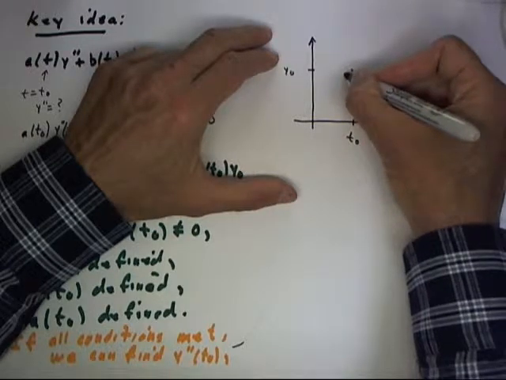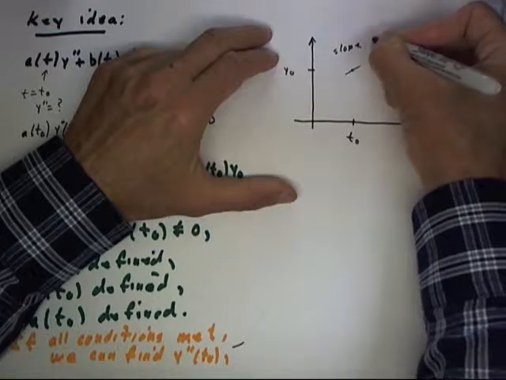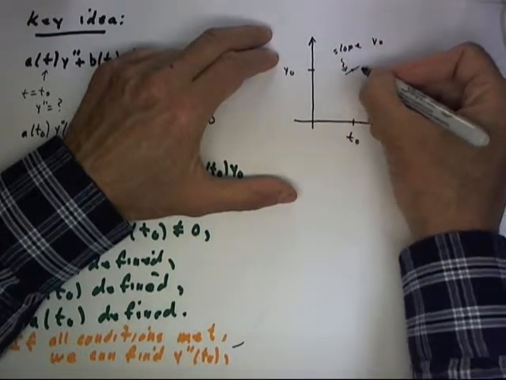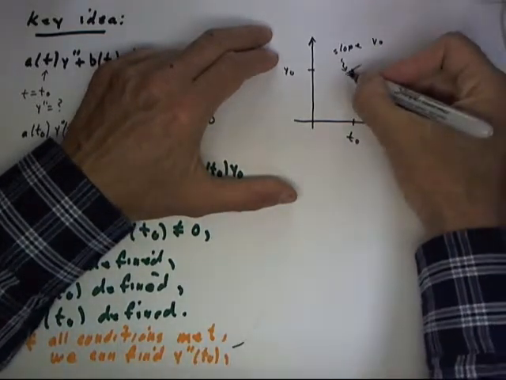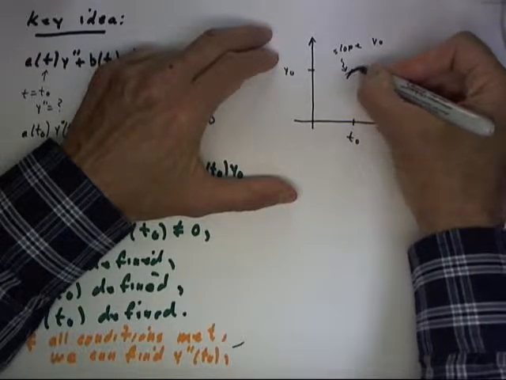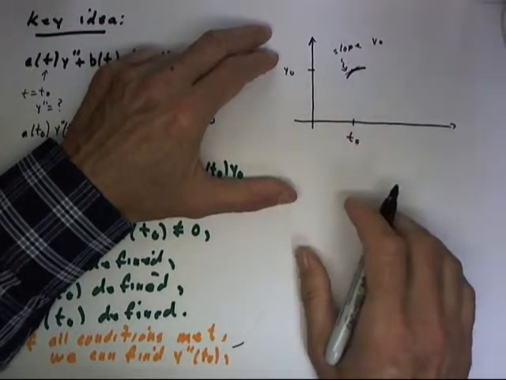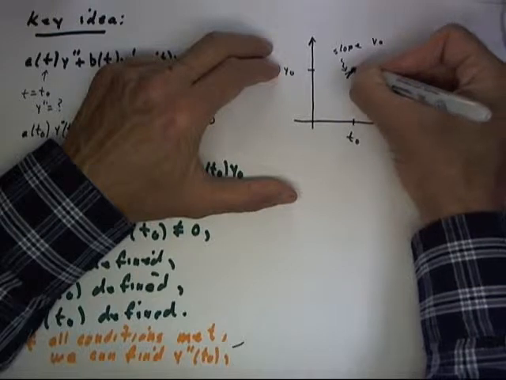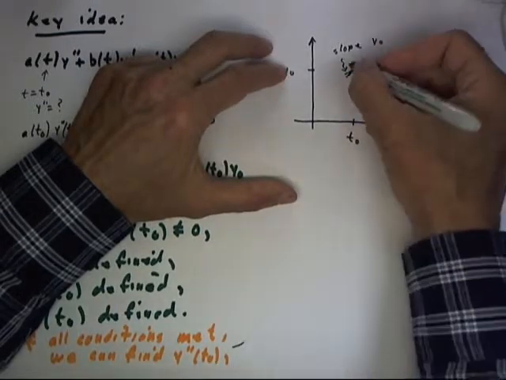We have a segment with a slope v0, which is going to be tangent to any solution curve. And we know that we're going to have a solution curve that, at least in a small neighborhood here, has a fairly constant second derivative. So what can we do to figure out a series of points on this curve?